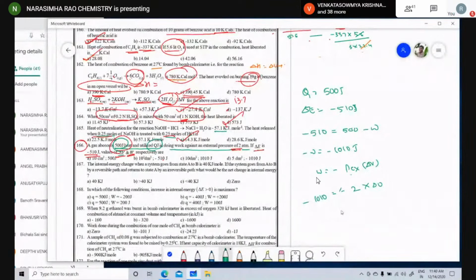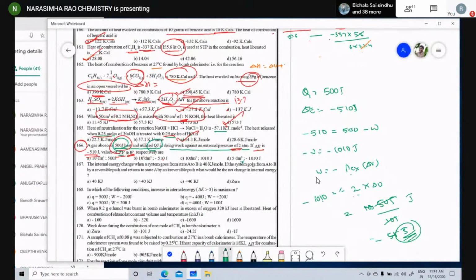Now by 2 is equal to 505. This is in joules. We need liter atm, so the liter atm conversion is by 101, is equal to 5. This is 5 liters.